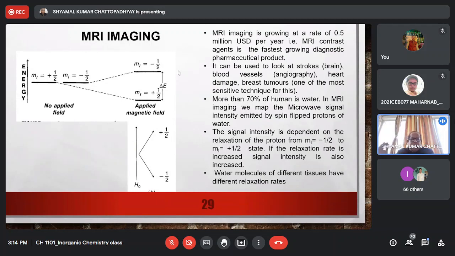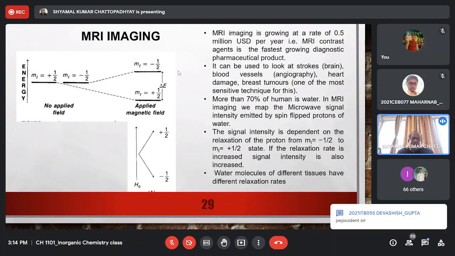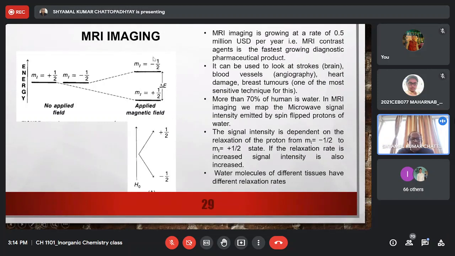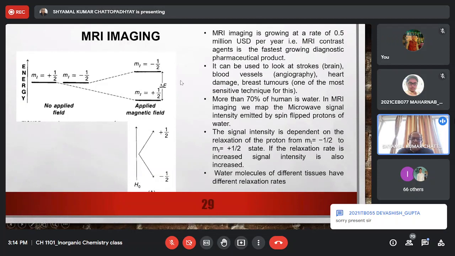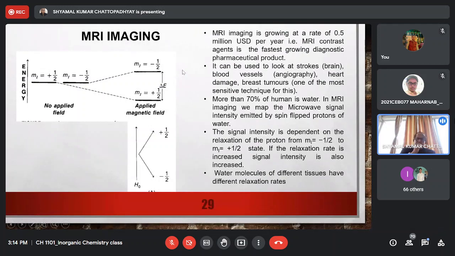So in MRI imaging, the contrast agent facilitates relaxation of the excited nuclei of the protons coming back to the ground state, and it actually creates a sharper signal so that it can be interpreted better.